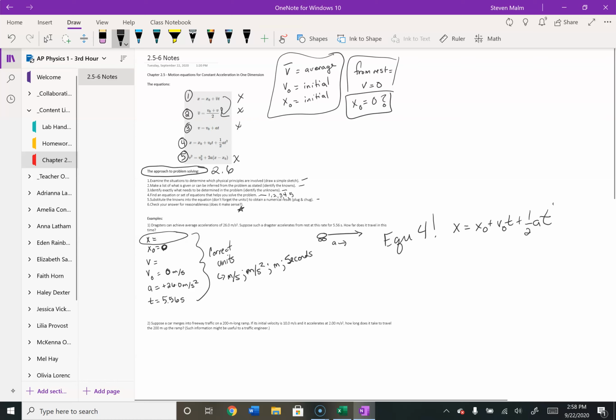And from there, I'm going to plug in the variables I have and solve for the one I want. It turns out the one I want is already on the left side of the equation, so I don't have to do any algebraic manipulation at this point. Since v naught is 0, that will get rid of this whole term.